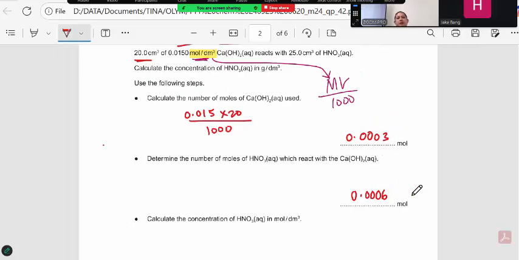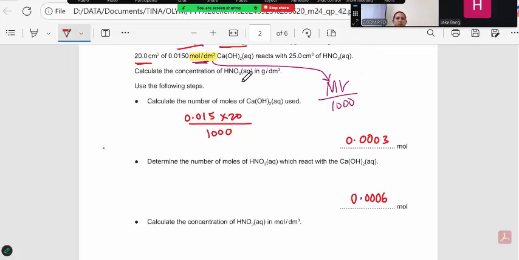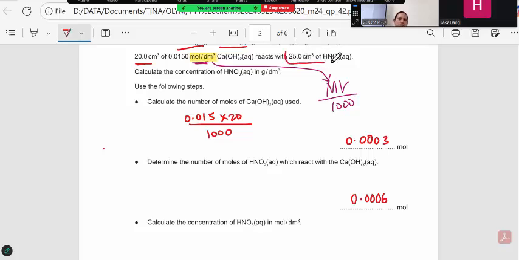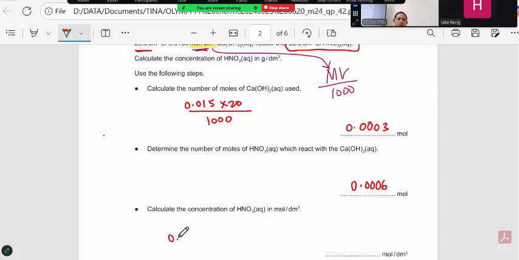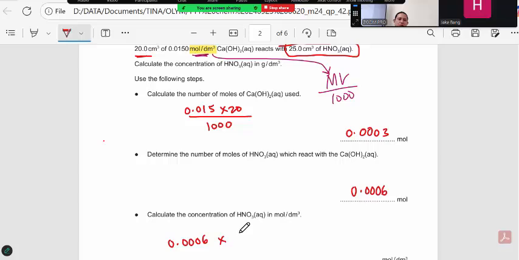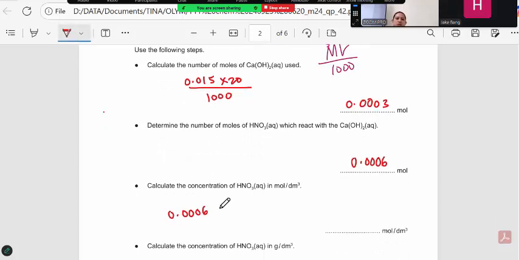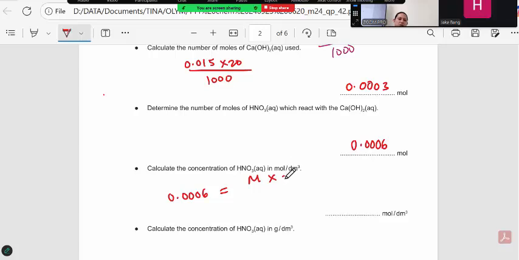And then finally, the volume of nitric acid is 25. If you are not sure, use the formula. No one is rushing you to finish it during the exam. 0.0006 equals M, which is what you're looking for, times V, which is 25 over 1000.